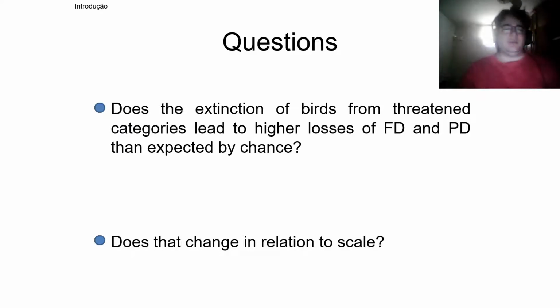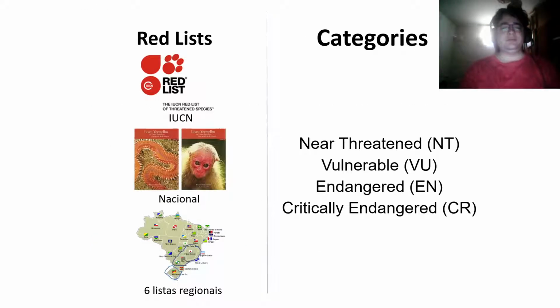So the questions were, does the extinction of birds from threatened categories lead to higher losses of functional diversity and phylogenetic diversity than expected by chance? And does that change in relation to scale? So to study that, we got the four categories that are related to real endangerment in the IUCN red list: near threatened, vulnerable, endangered, and critically endangered.